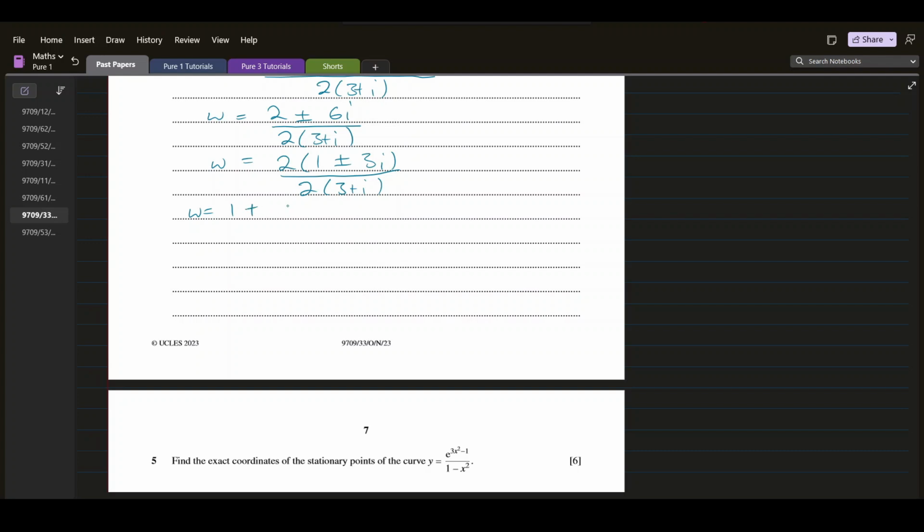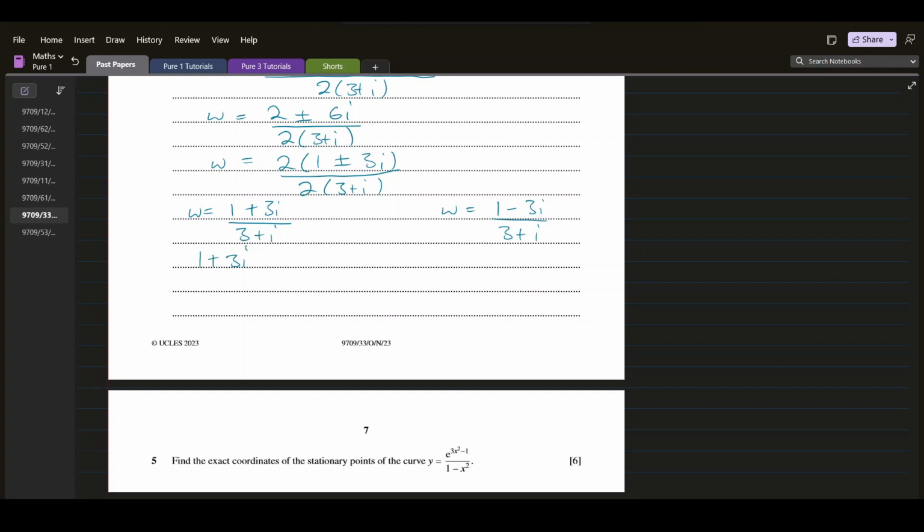We're going to write them separately. So that's 1 plus 3i over 3 plus i, and then we have w is equal to 1 minus 3i over 3 plus i. And now we will do division.